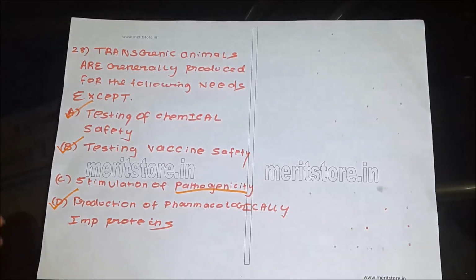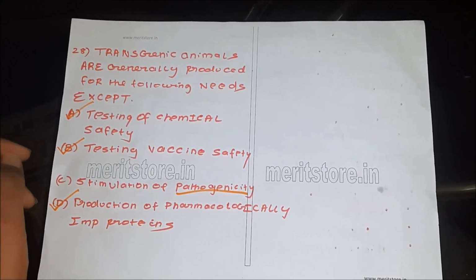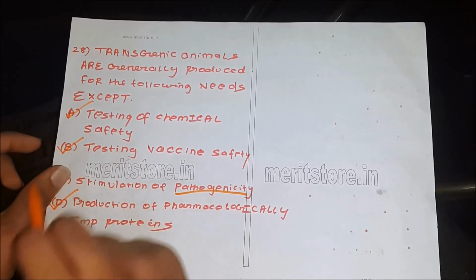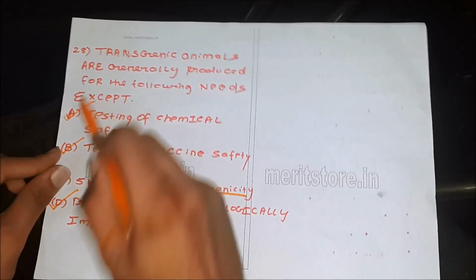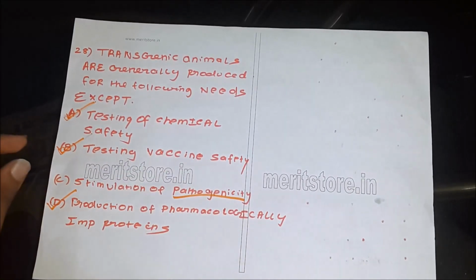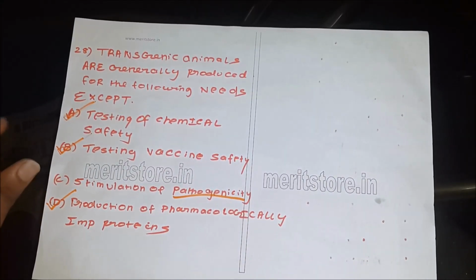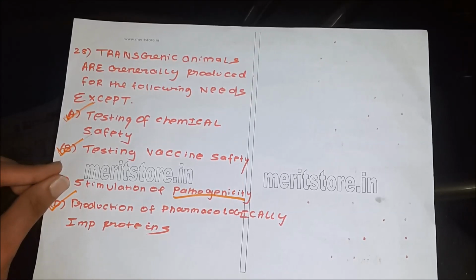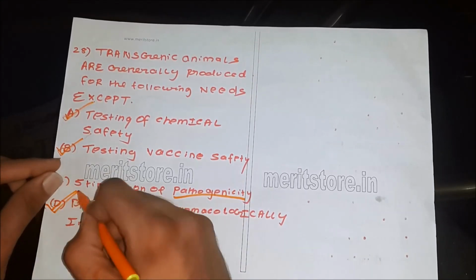Option C. Transgenic animals are generally produced for the following needs except one: A. testing of chemical safety, B. testing of vaccine safety, that's what they use them for, C. stimulation of pathogenicity, and D is production of pharmacologically important proteins. That's also true.